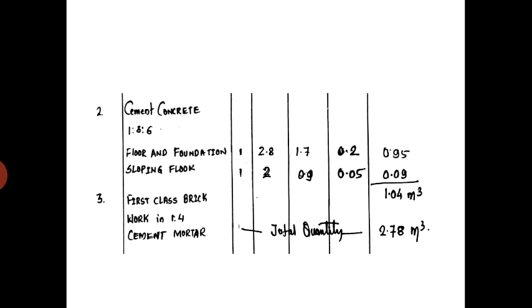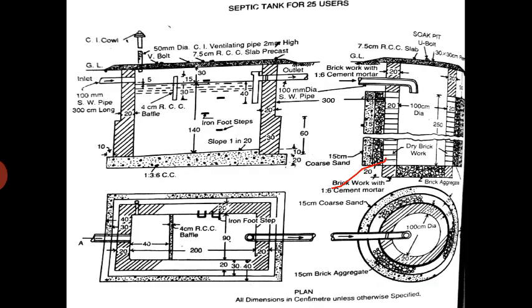Then the second portion is the sloping floor, cement concrete of 1:3:6. The number is only one, because only one portion is there. Even the floor and foundation is only one. For the length it is 2 meters inside, which is 200 centimeter.